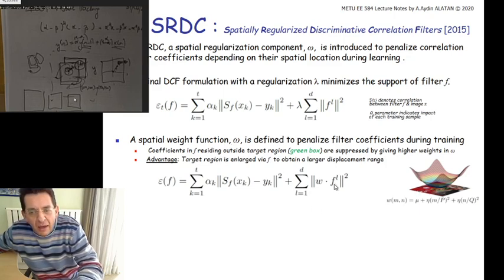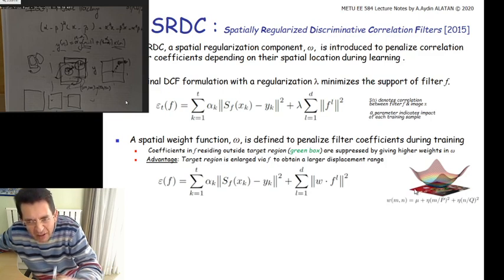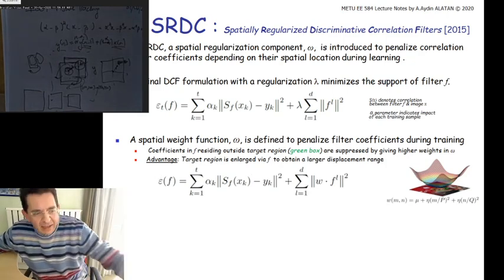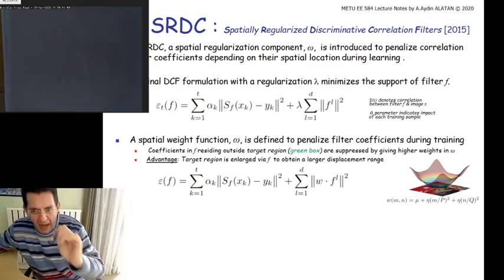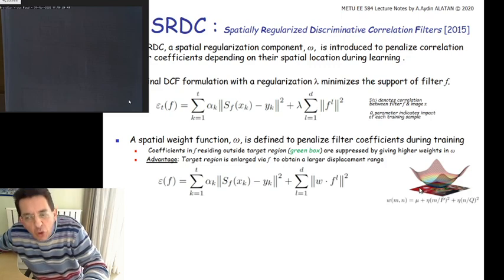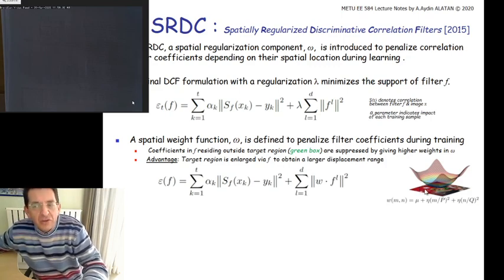Therefore, the only way for this to be minimum is to make the corresponding filter coefficients here small. Otherwise, these things will make large values together, and that will not be a minimization. Now, what I did is a little trick here. I enforce my filter not only to make good correlation, but also have a regularization and also to have small values within this new enlarged target window.